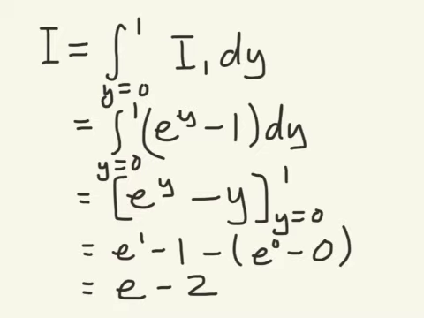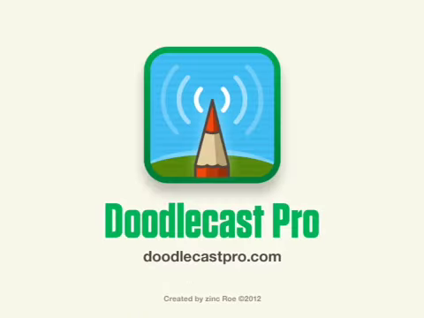And that's our answer for that particular double integral. So we notice at this stage that we don't have any x's or y's in this final answer. It's just a number. All the x's and y's have disappeared as we've done each of the integrations.